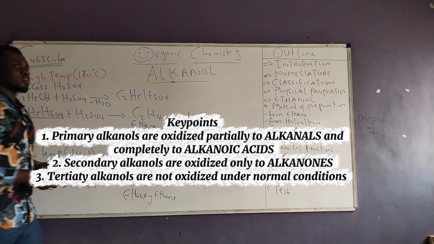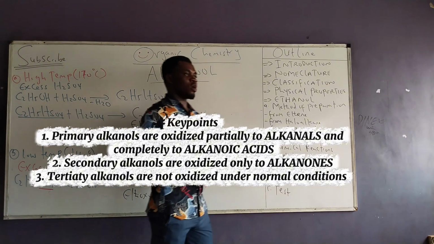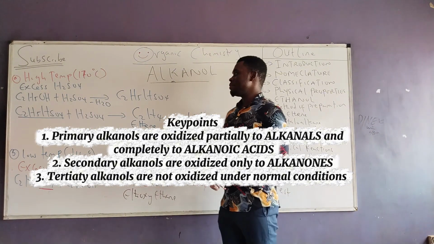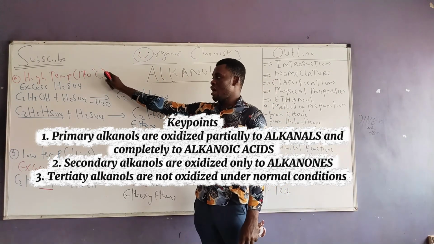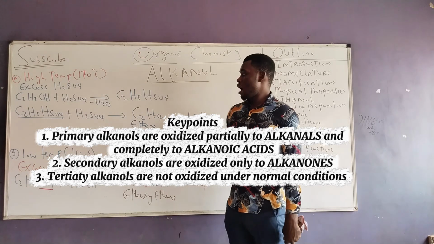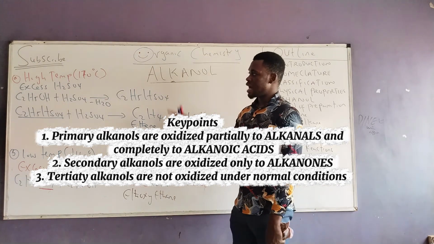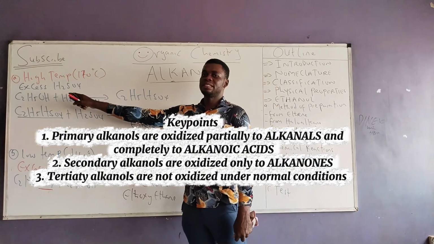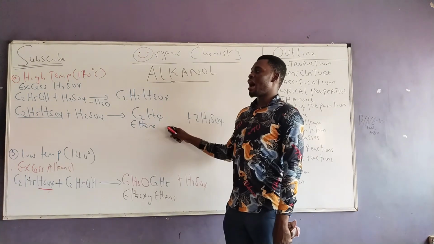So the product obtained from the dehydration of ethanol is dependent on the temperature and the relative amount of acid or alkanol that is used in the reaction. So at high temperature, excess acid, the alkanol will be dehydrated to its respective alkene.